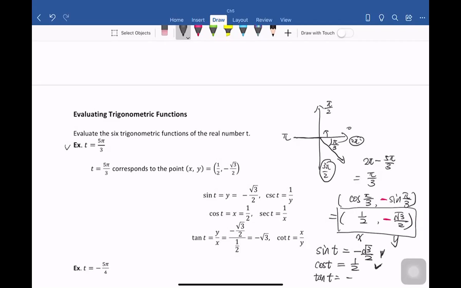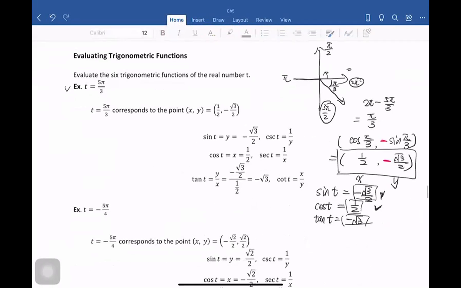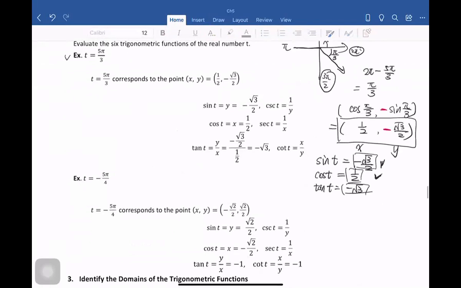We have negative square root of 3. And for the cosecant, secant, and cotangent, just find the reciprocal of this, this, and this. So we found all 6 trig functions. Okay, let's move on. You can pause the video and practice by yourself.